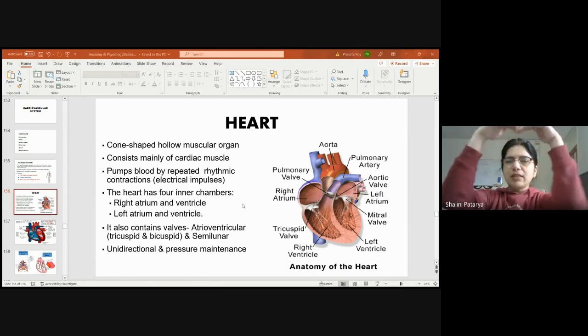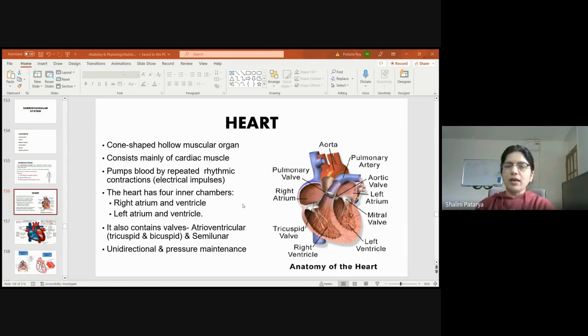Always remember this, the blood will always flow from atrium to ventricle. So here the right atrium, left atrium, right ventricle and left ventricle are there.